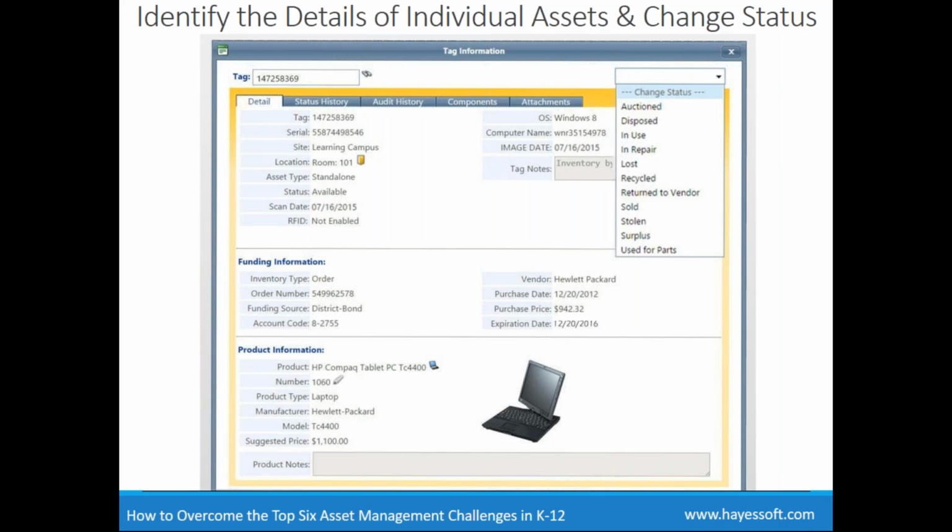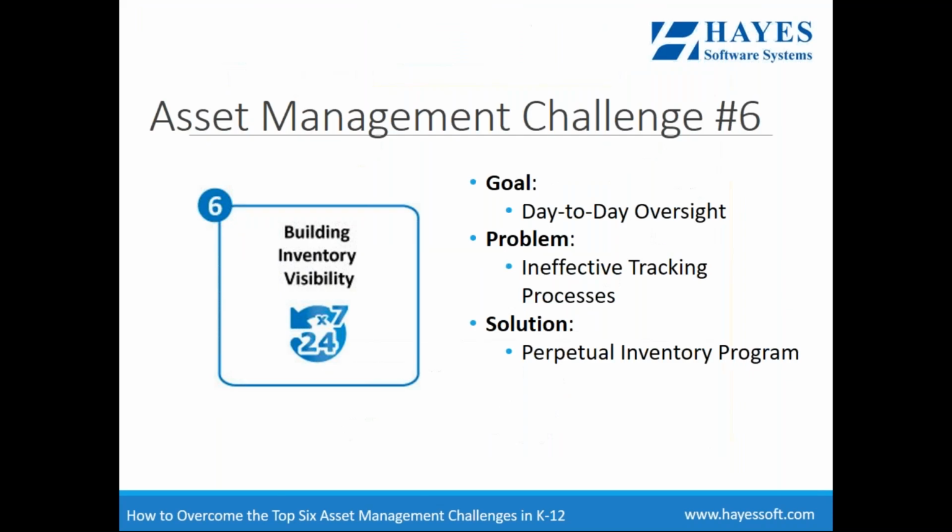As you look at this specific device, there is information based off of the computer, but if it was a different asset, say a projector, this information could be lamp life or the last time a filter was cleaned. You could also add warranty information up here, whatever information would be important to the technology department at your specific district.